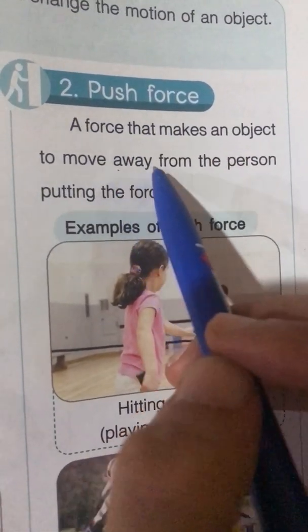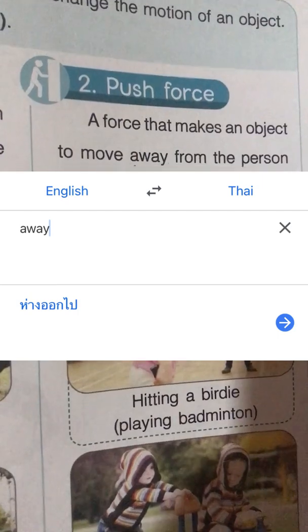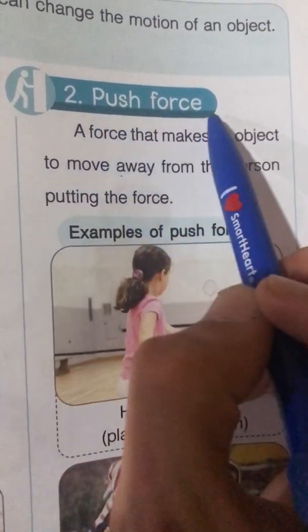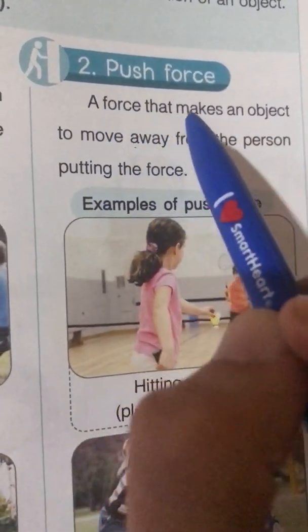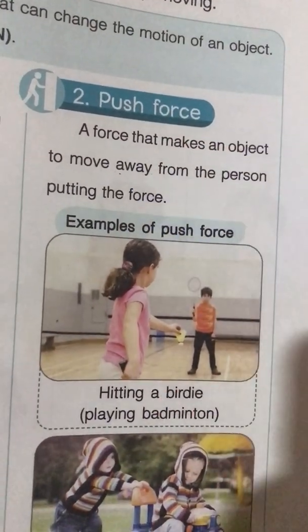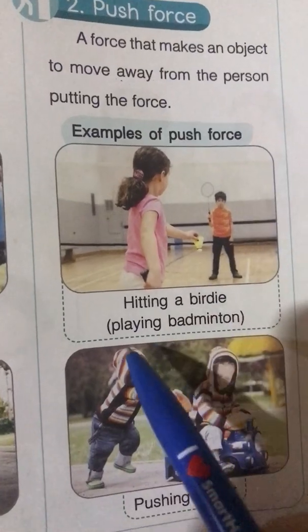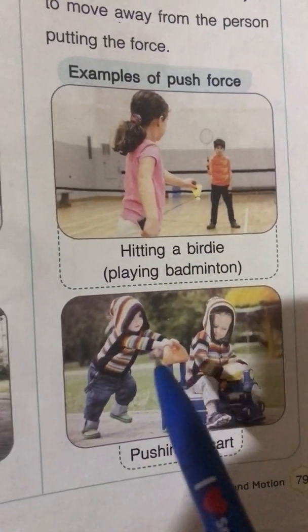Do you know the meaning of away? Look here. Very good. Okay, so we understand the meaning of push force. Push force is a force that makes an object move away from the person putting the force. I told you examples of push force are playing badminton or pushing a cart.